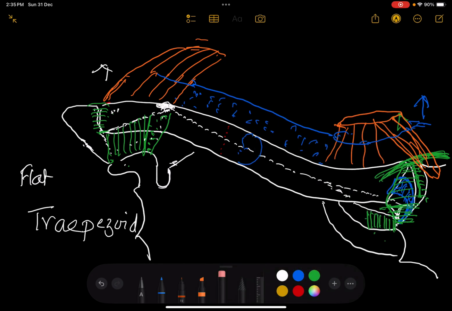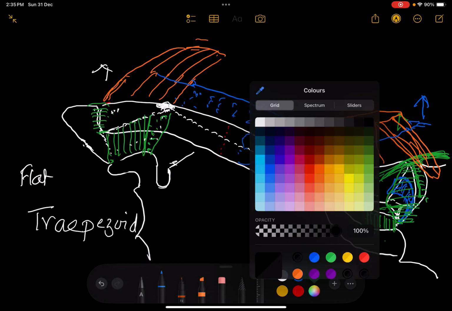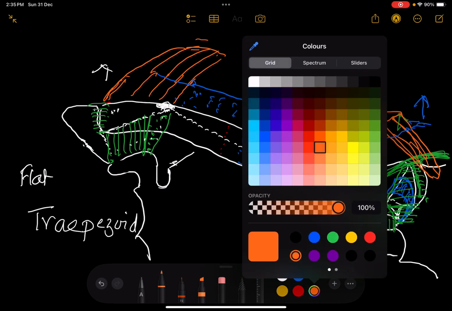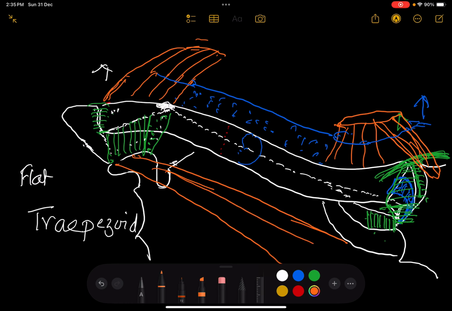and this pectoralis minor starts from the coracoid and goes towards the rib. So this is the pectoralis minor.